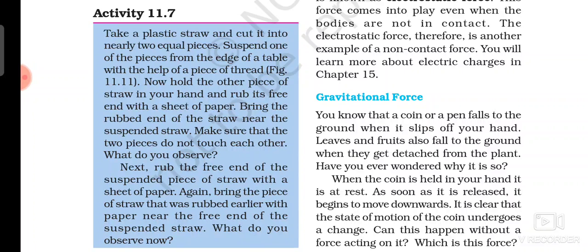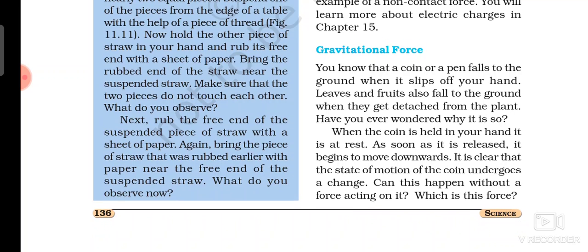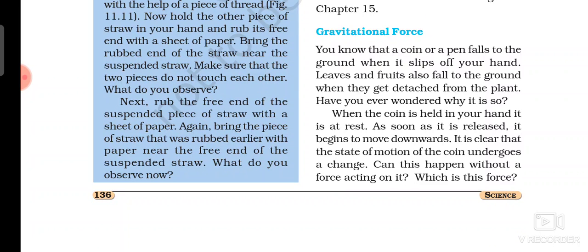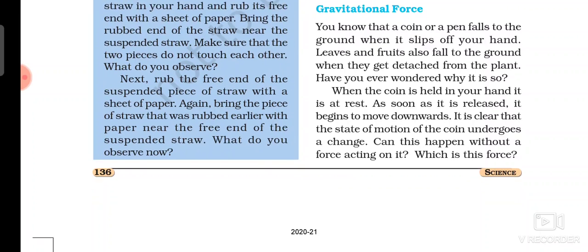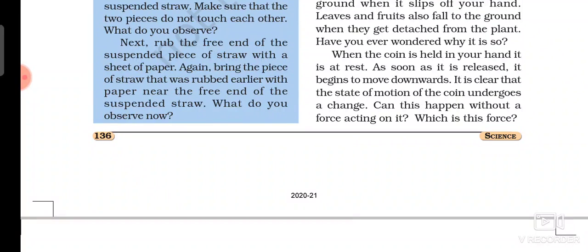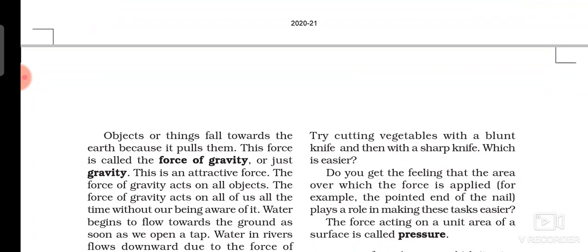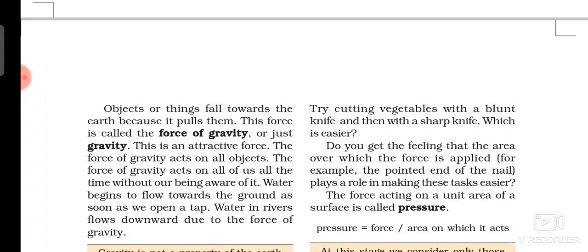That is because of gravitational force. जो फोर्स अर्थ दूसरे ऑब्जेक्ट्स पे अप्लाई करता है उसकी तरफ खींचने के लिए. ठीक है, the force with which the earth attracts the object towards it is called gravitational force or force of gravity. So these were the three types of non-contact forces.